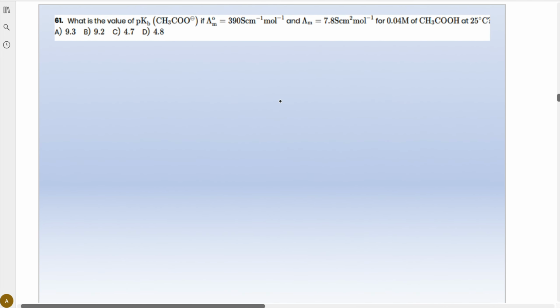Next question, check. You need to find the pKb value for this solution, where lambda naught at infinite dilution is given and lambda molar conductivity is given, and here 0.1 molar concentration is given for acetic acid. Now from this you know alpha, the degree of dissociation. Whenever both these values are given, try to find alpha.